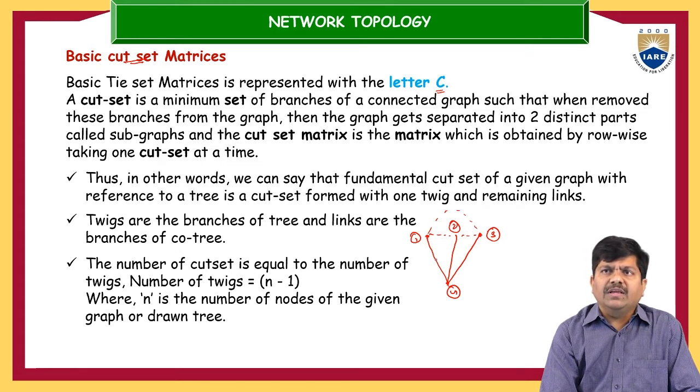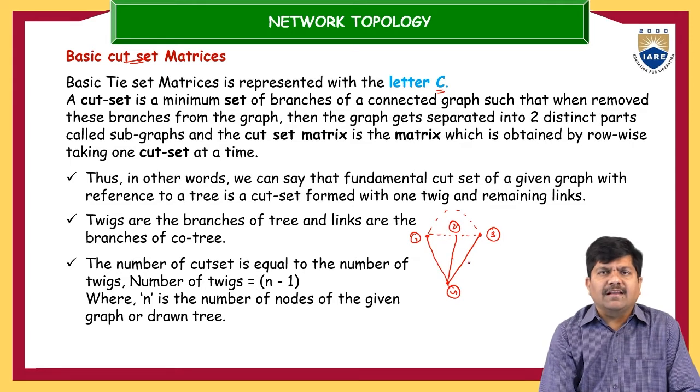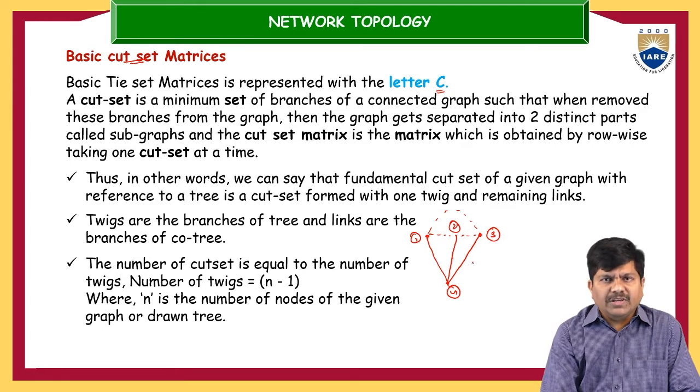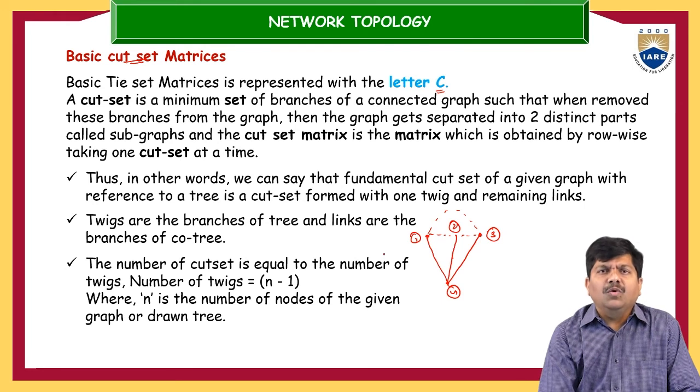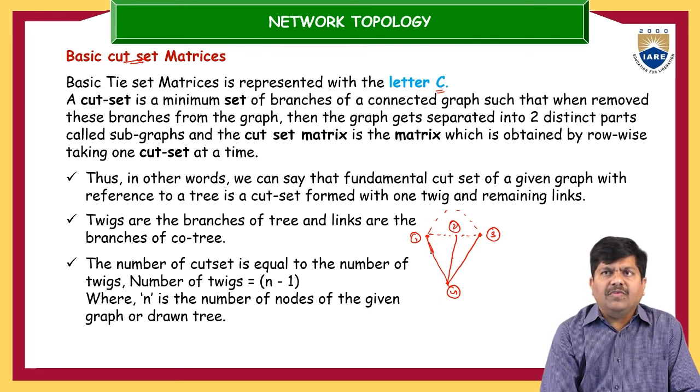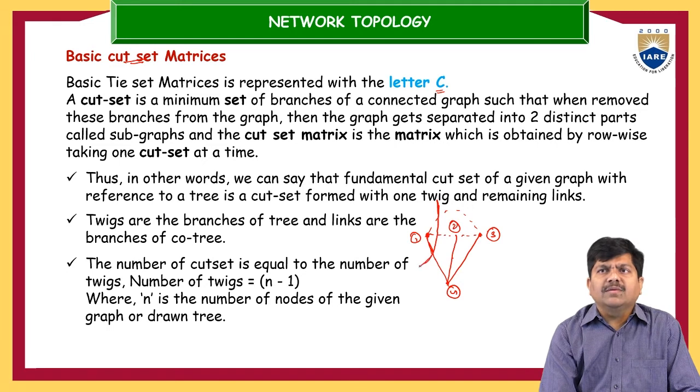This is one twig, this is another twig, and this is another twig. So there are 3 twigs. You have to cut the total graph by cutting a twig in order to eliminate one of the nodes. See, I am going to cut this particular twig like this to isolate node number 1.